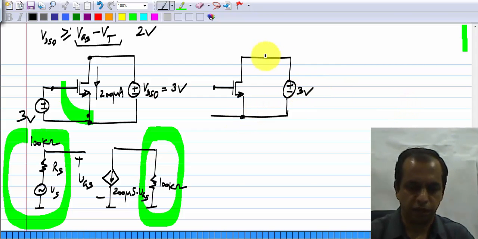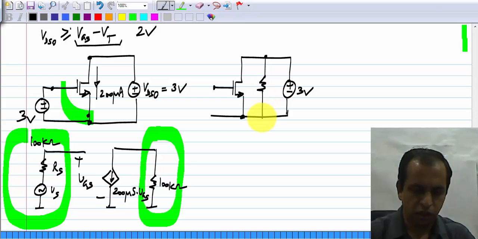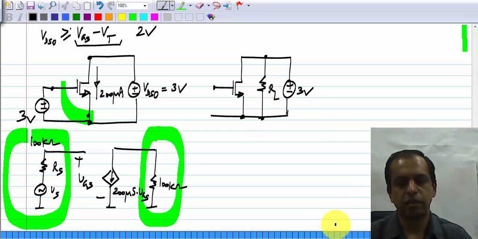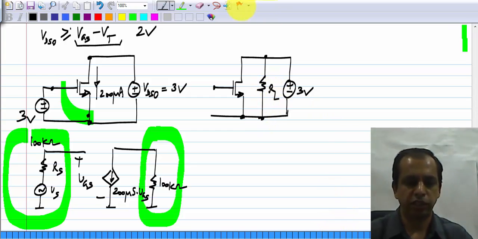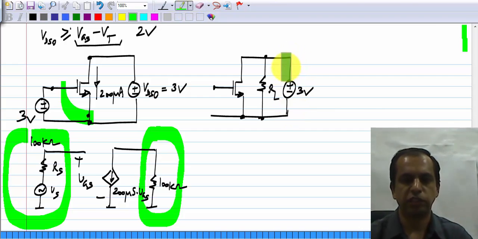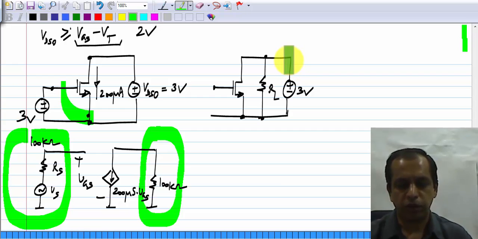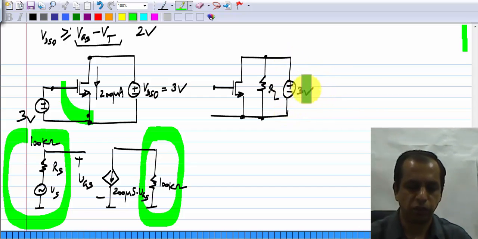If I have 3 volts here and I also connect RL here, what happens in the incremental picture? This is the operating point voltage. In the incremental picture, this is a short. I hope you understand why it is a short, because this source is not incremented. Okay, this is a fixed source. This is a 3 volt source. It is not incremented, so it will be a short.